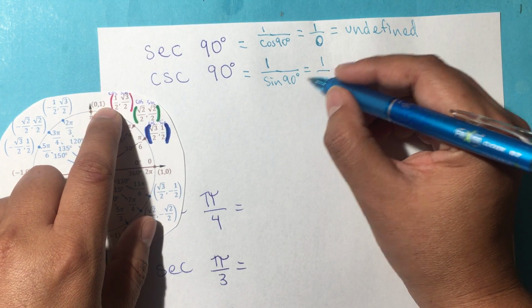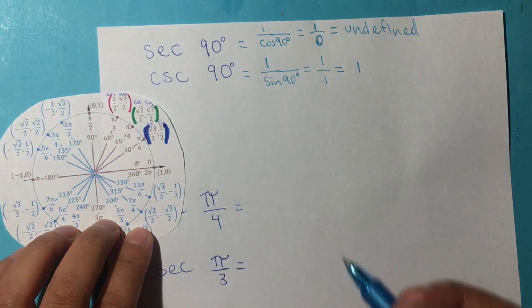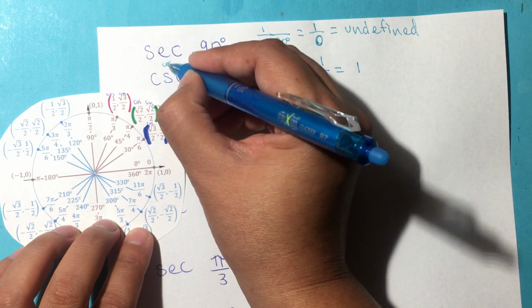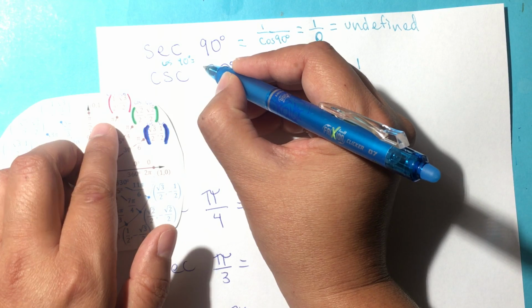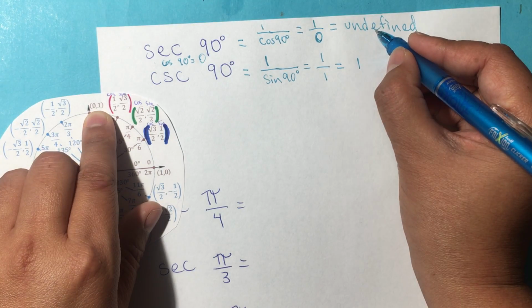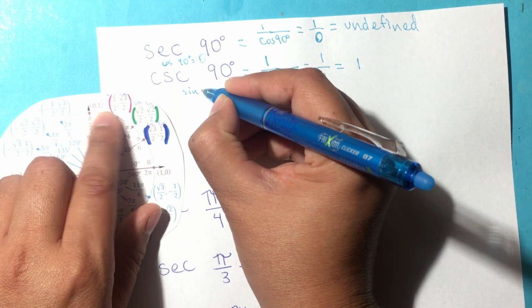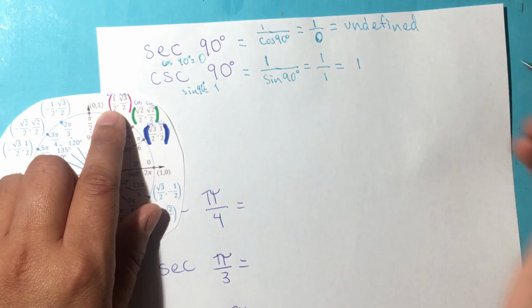Sine of 90 is 1. And so 1 divided by 1 is 1. So how does this compare? The cosine of 90 degrees, which is the reciprocal of secant, is equal to 0, and 0 is the reciprocal of undefined. For this one, the sine of a 90-degree angle is equal to 1. I didn't write that in here.